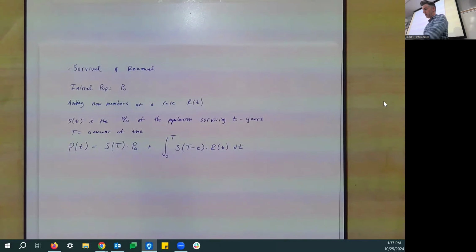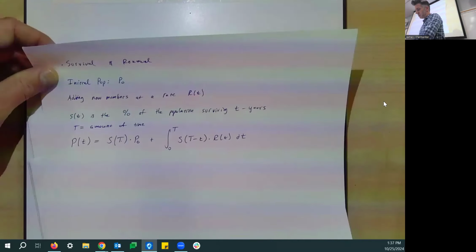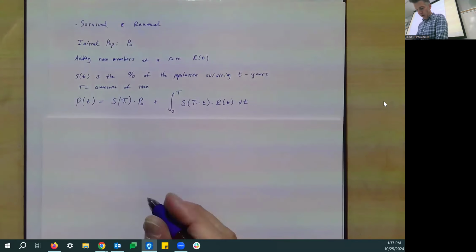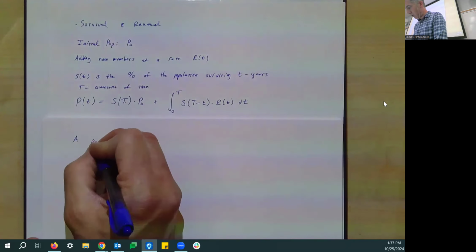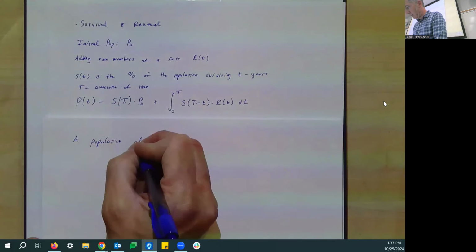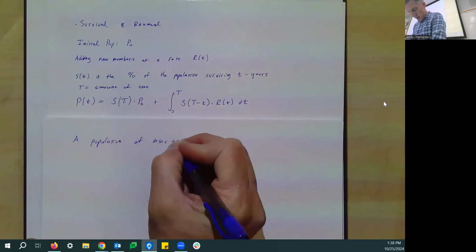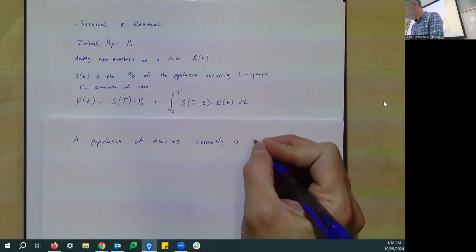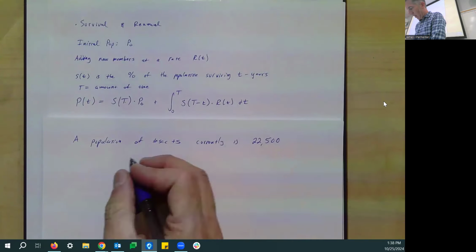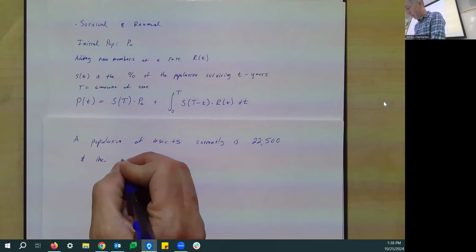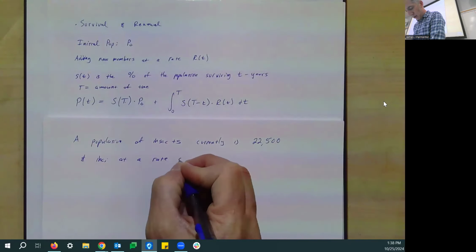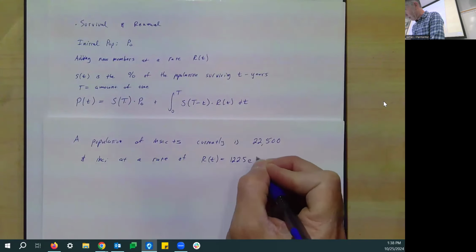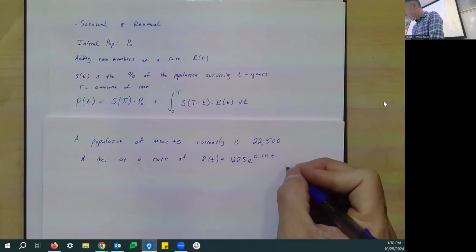So let's look at the following setup. And I don't want to try to cram all this in this little space here. So let's say we have the following. A population of insects currently is 22,500 and increasing at a rate of R of t equal to 1,225 e to the 0.14 t insects per week, right?